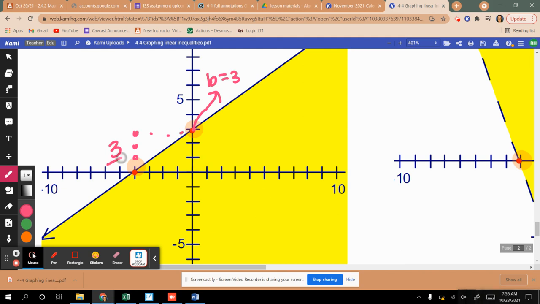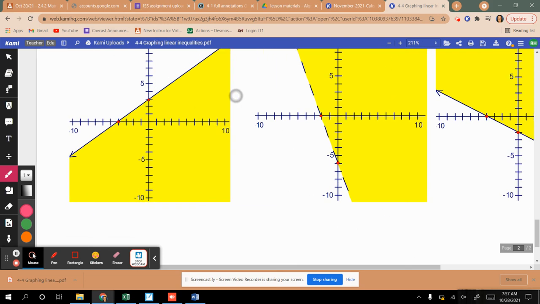So rise 3, run 4. So making the equation, we would normally write y equals 3/4 x plus 3 off of y equals mx plus b, just replacing our m and our b with the information we grabbed off the graph.